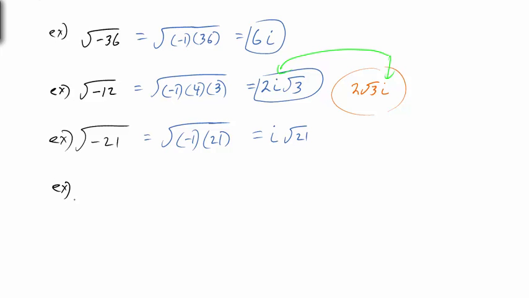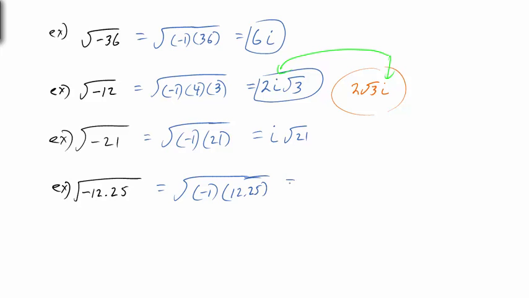All right, now what happens if we have a decimal? Say the square root of a negative 12.25. Well, once again, mentally, you can think of this as the square root of a negative 1 times 12.25.